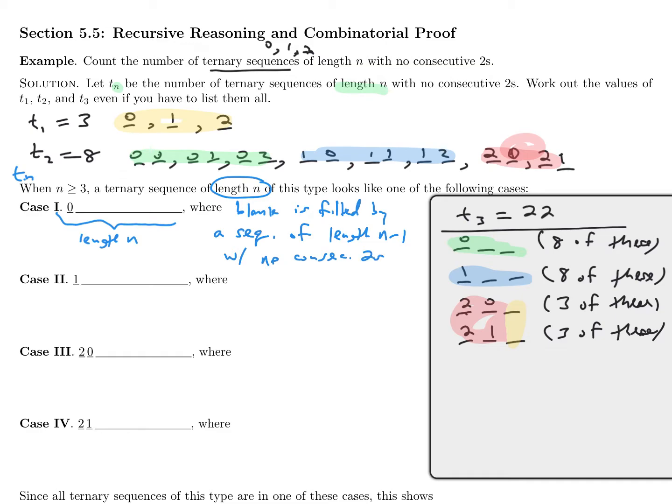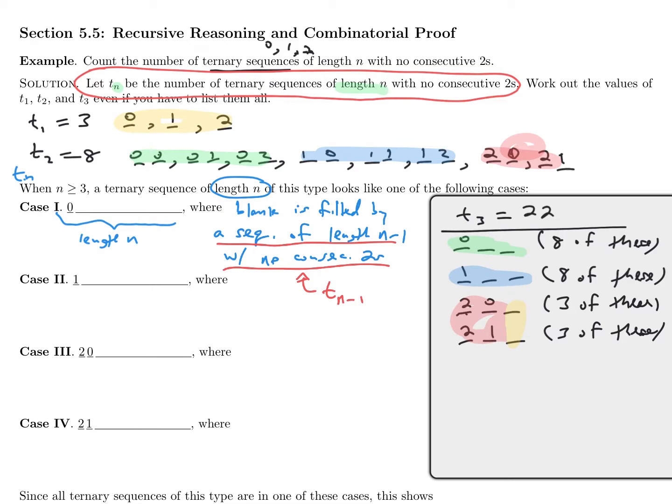Well, that is exactly the description of t sub n minus 1. T sub n is the number of ternary sequences of length n with no consecutive 2's, so t sub n minus 1 is the number of ternary sequences of length n minus 1 with no consecutive 2's. So there are t sub n minus 1 things I can fill in the blank.